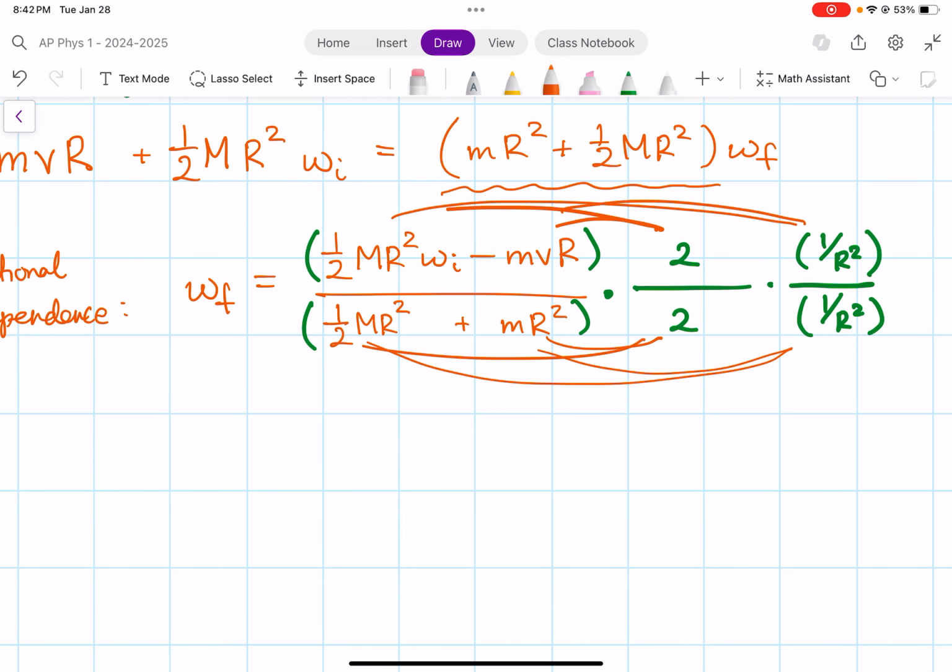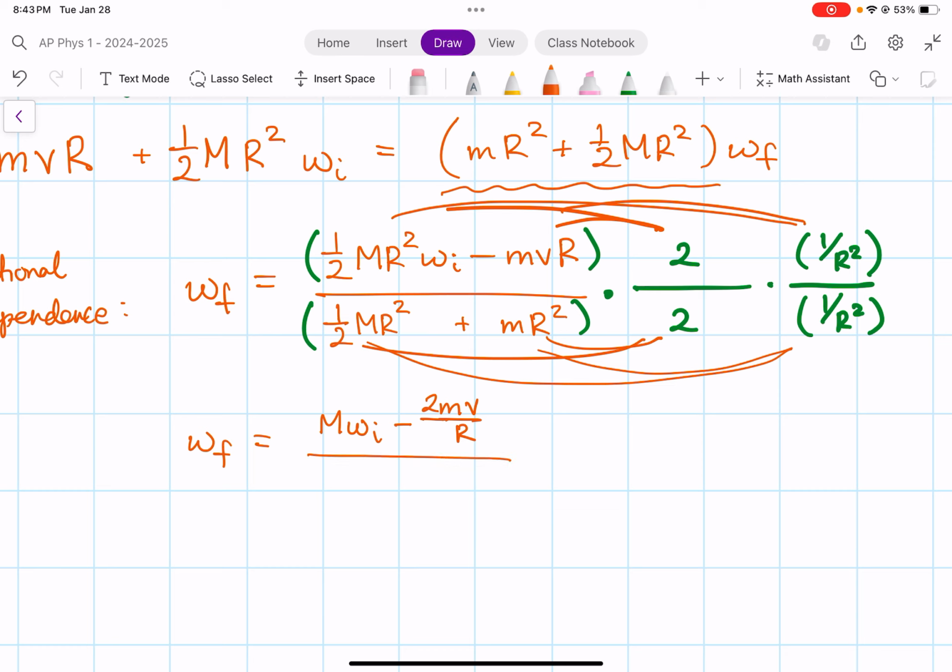So omega final, if you do all this, I'm skipping a lot of algebra here, so you gotta follow my steps. But it looks like I get capital M omega I minus little m v over capital R. Oh, and there's times 2, I almost forgot that.